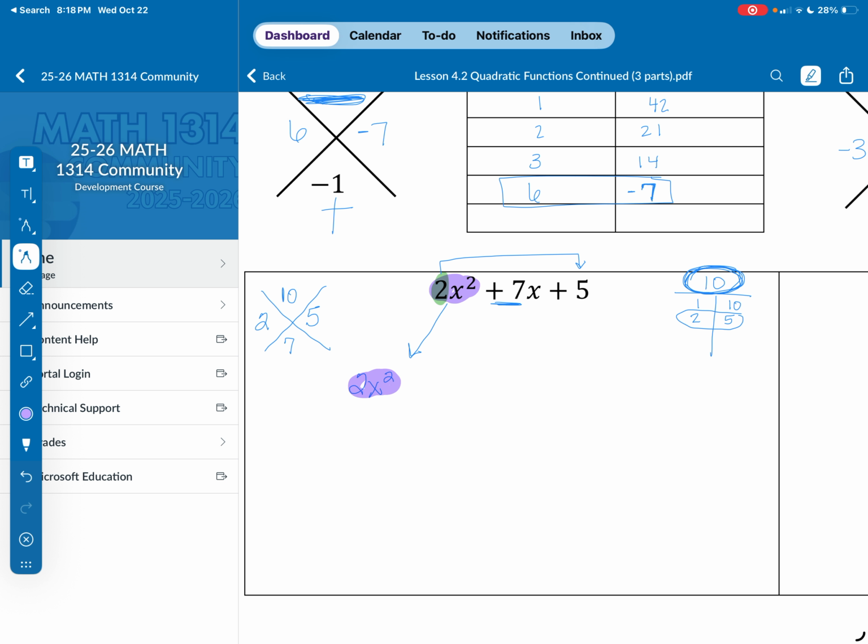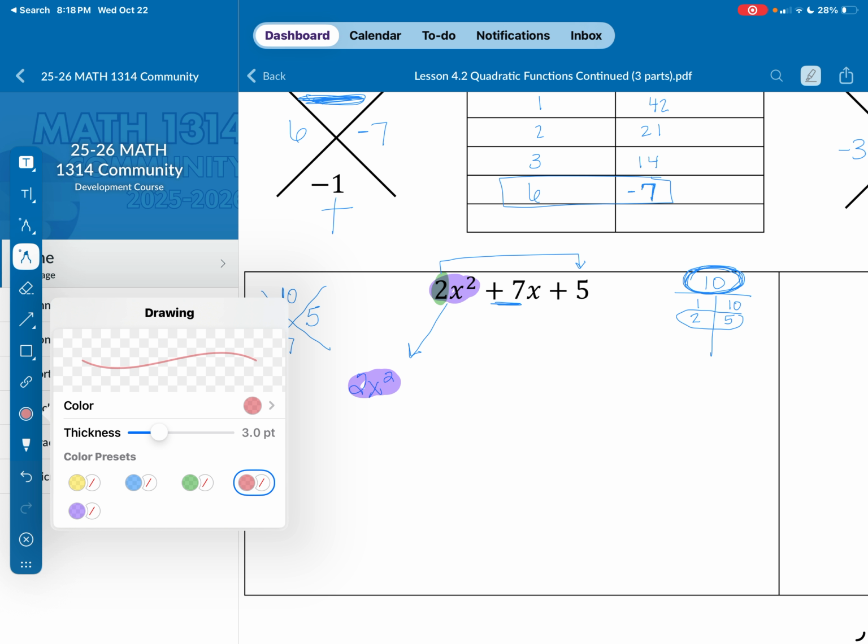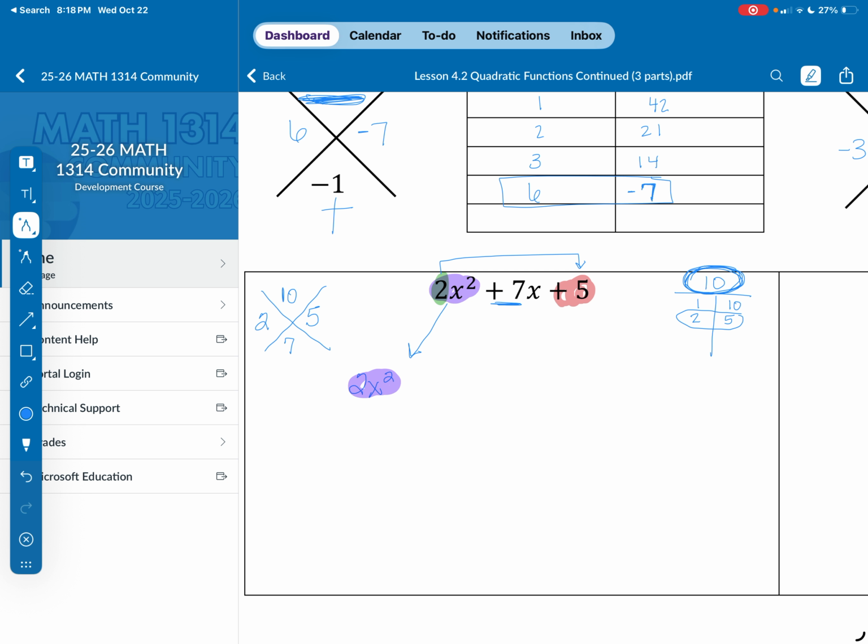I'm going to bring my C down. I don't know why I made them so far apart. Sorry about that. Okay, and so that's where that is from. And so now, remember my factors that I've already said would be 2 and 5. I'm going to split those up down here to be 2x plus 5x.